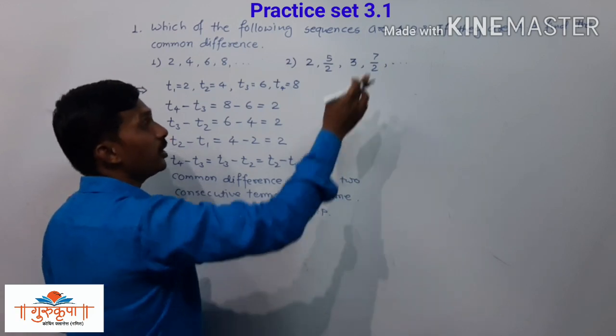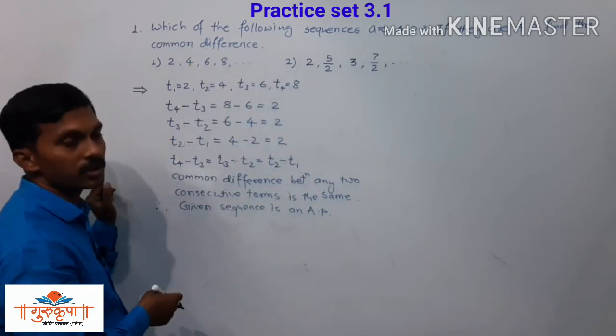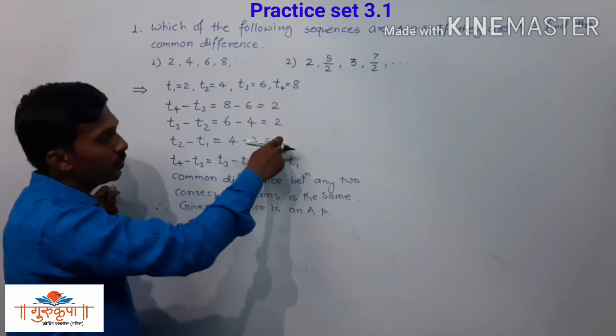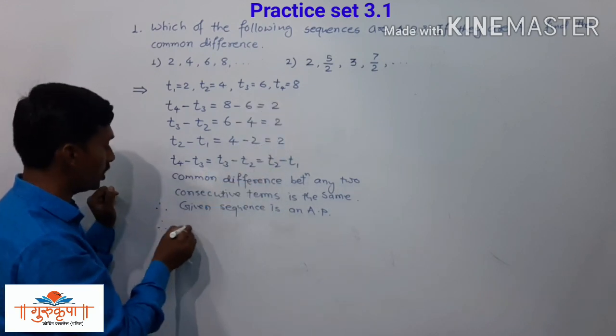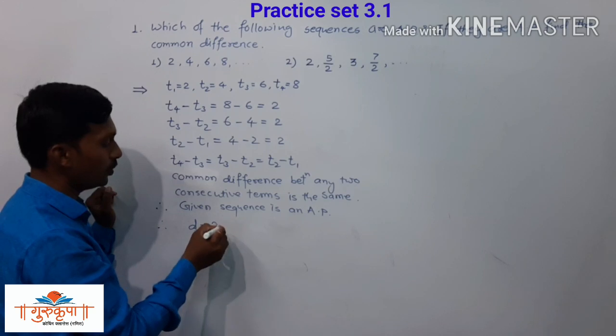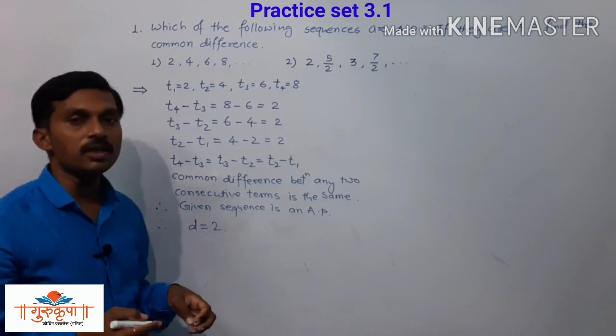And if it is an AP, then we have to write the common difference. Here the common difference is 2, so we write, therefore D is equal to 2, that is, the common difference is equal to 2.